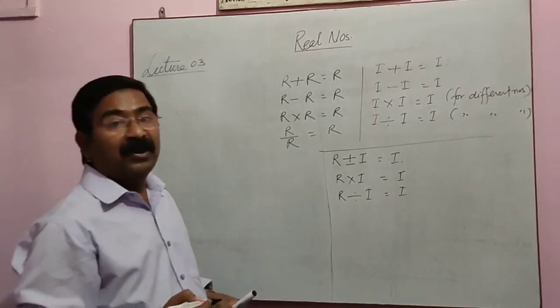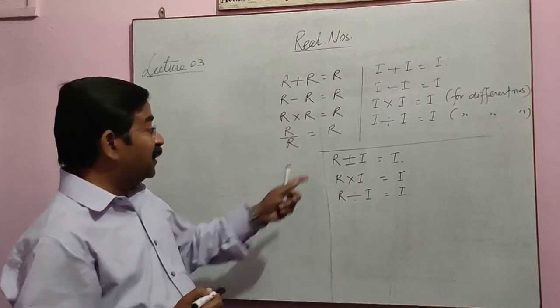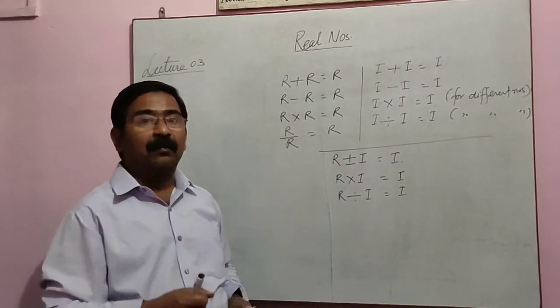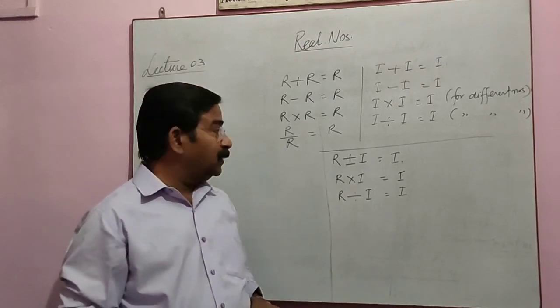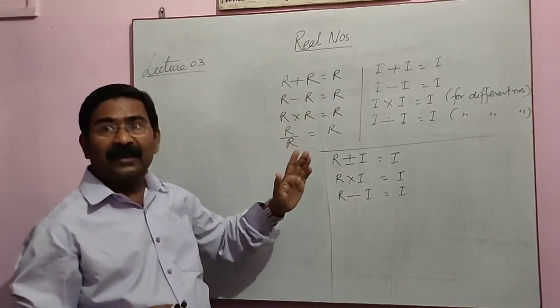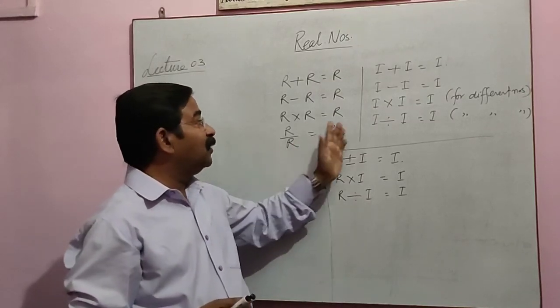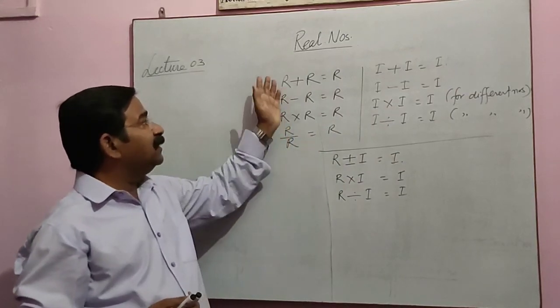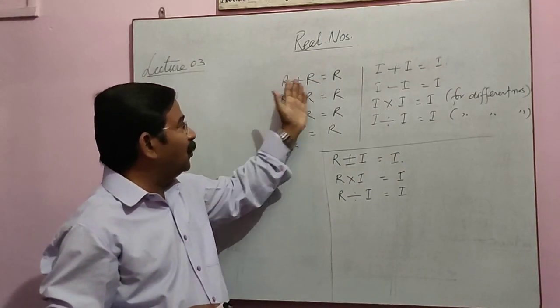Means any operation we adopt with a rational number and an irrational number, the result is always an irrational number. So you may go through it and understand it, and whenever you are identifying the result, you will see that the result is according to this.